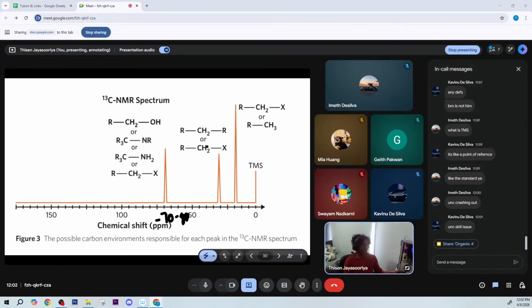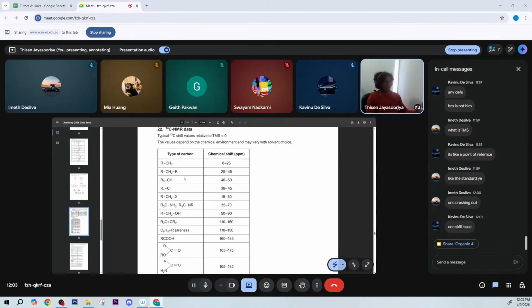If we look at these 2 over here, and look back at your data book, that's about 35, maybe. It's a really bad scale again. We want to look for things that are around 35.